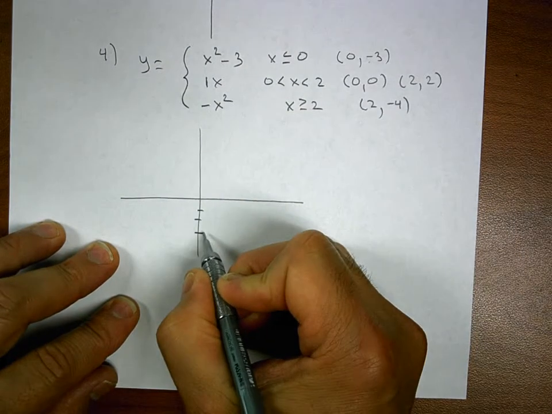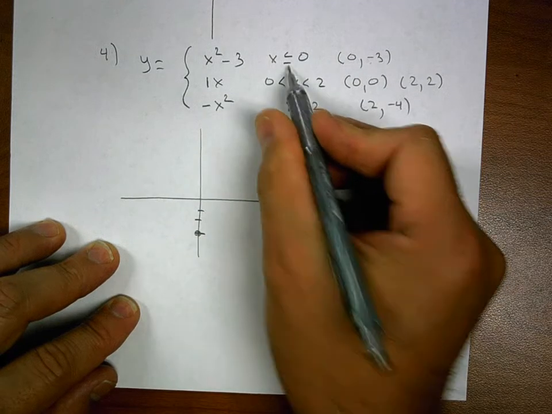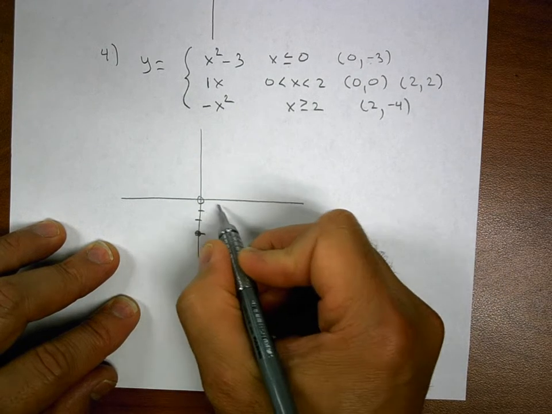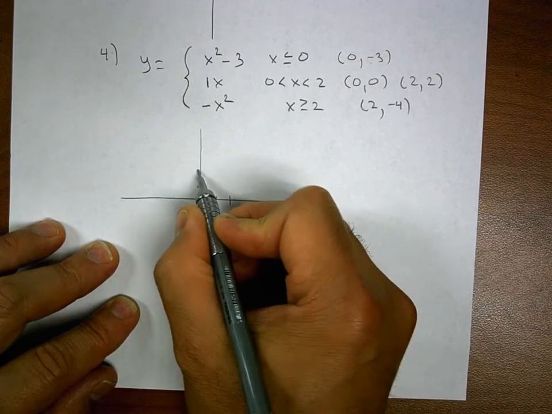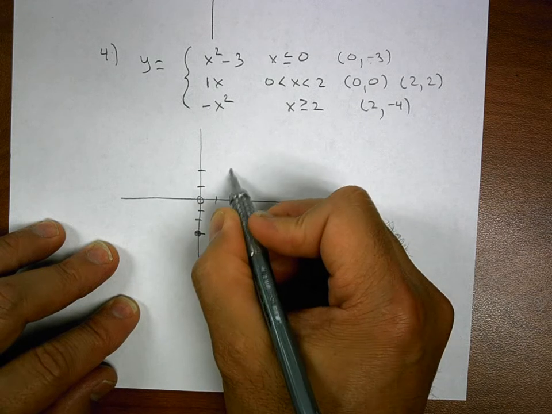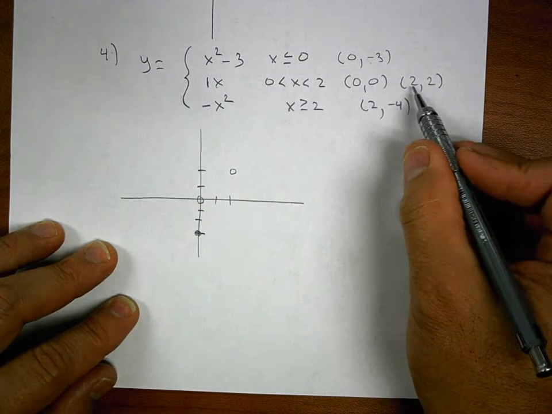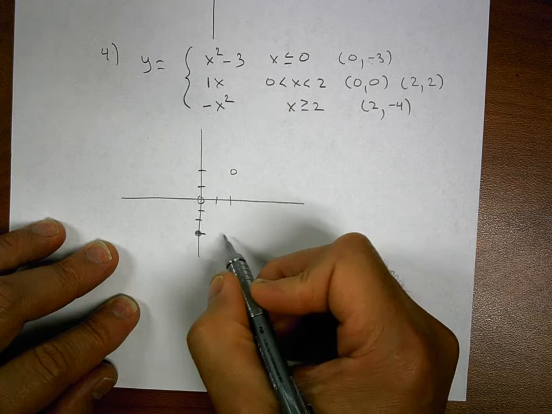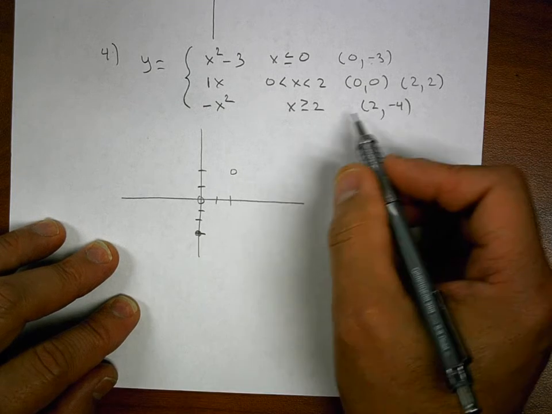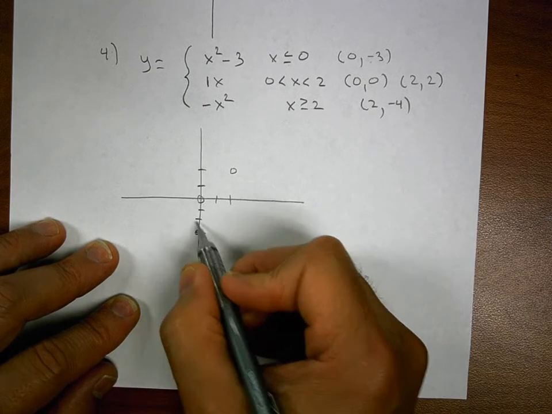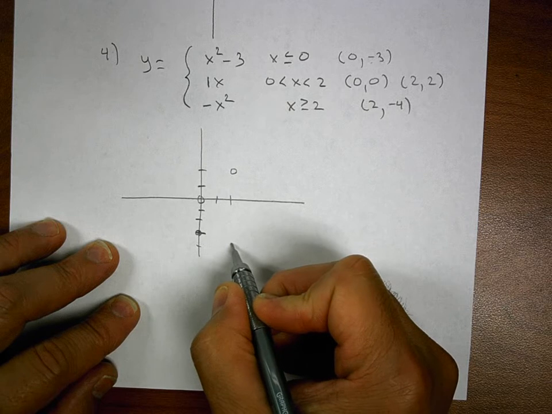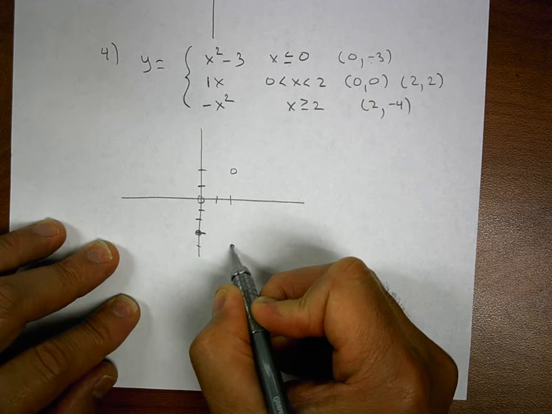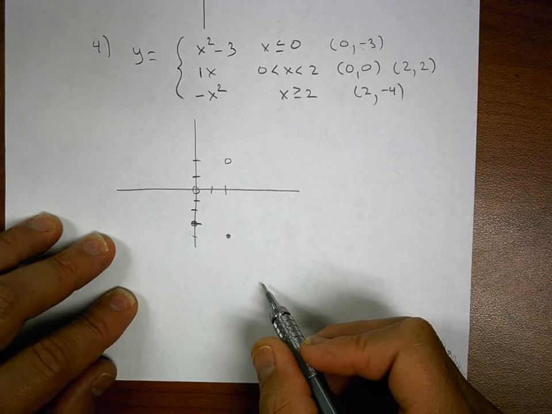That's a closed circle. 0, 0 is open, and 2, comma 2, that's open. And then 2, -4, this is closed. Like that. Okay, so we got them plotted.